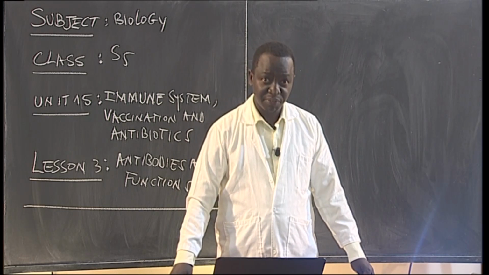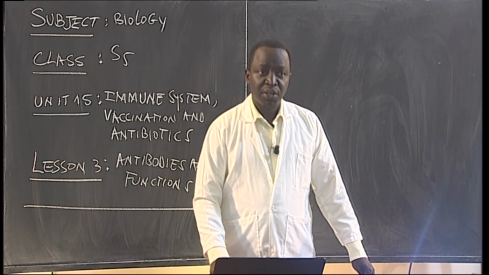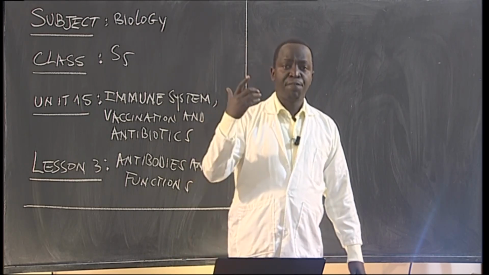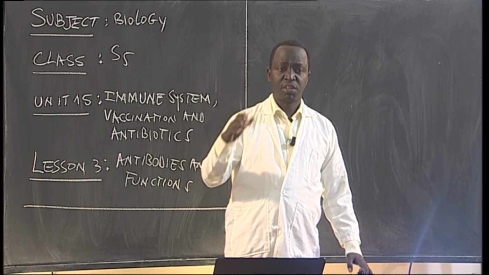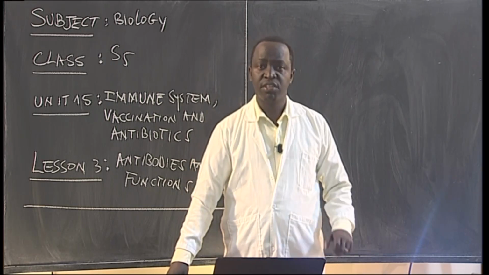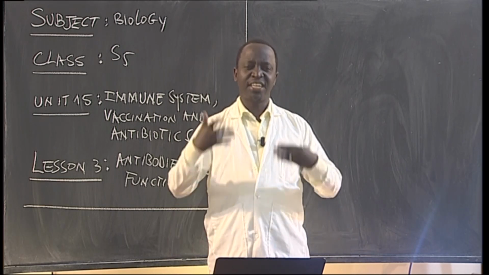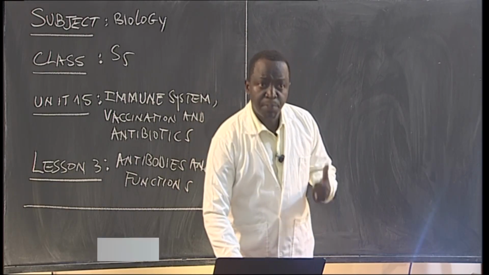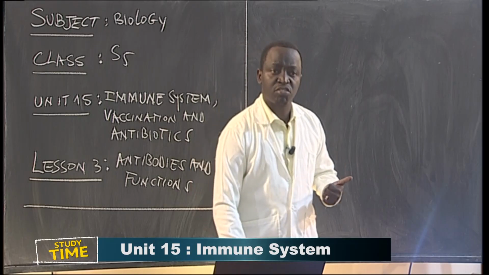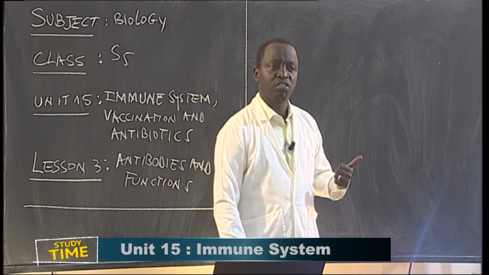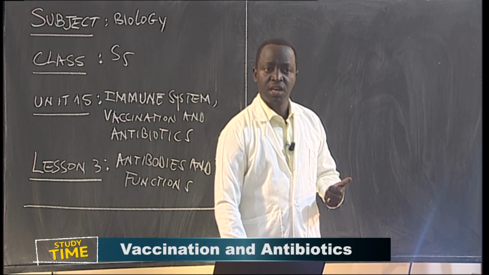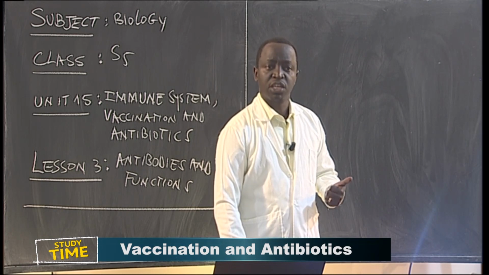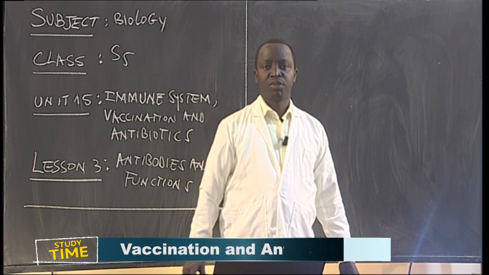Are we together? Nice. So now we have the functions performed by antibodies. So what do antibodies do? Number one, antibodies bind to toxins produced by bacteria that cause infection, like diphtheria and tetanus, effectively nullifying them. You see?